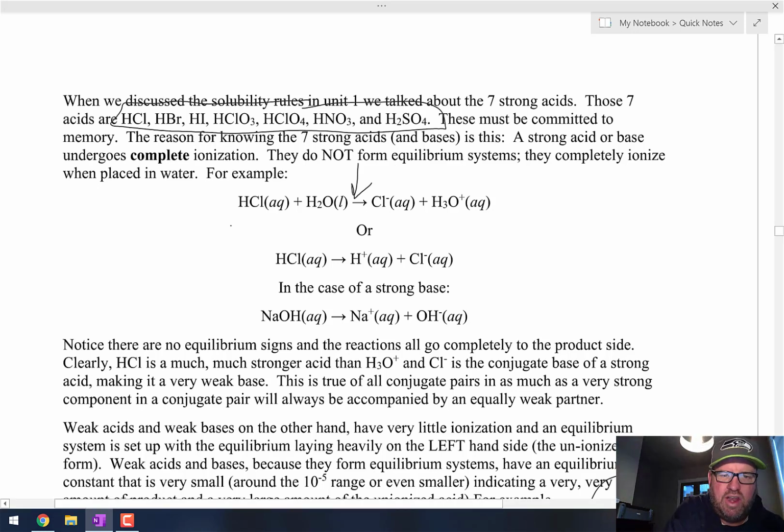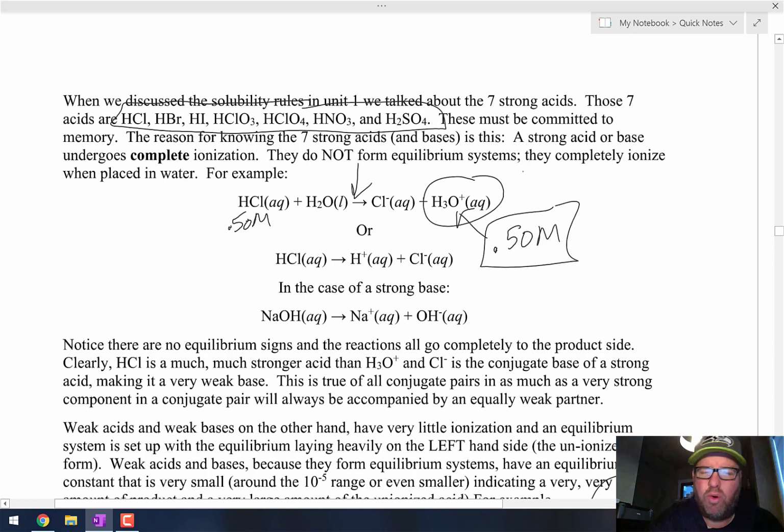So if you have a 0.5 molar solution of HCl and you need to know the hydrogen ion concentration, it is also going to equal 0.5 molar, because for every 1 HCl particle, you're going to get 1 H3O+ particle. Or you just write it without the water, and again, 0.5 molar HCl is going to have a hydrogen ion concentration of also 0.5 molar.